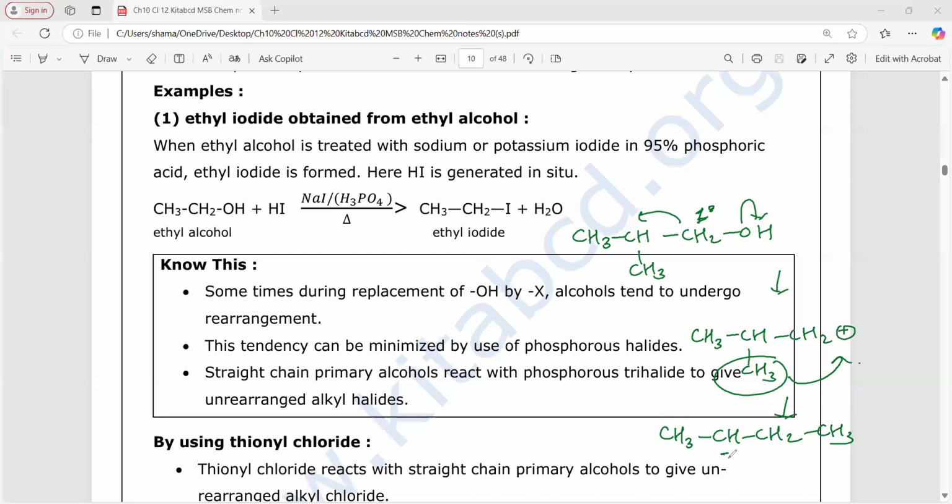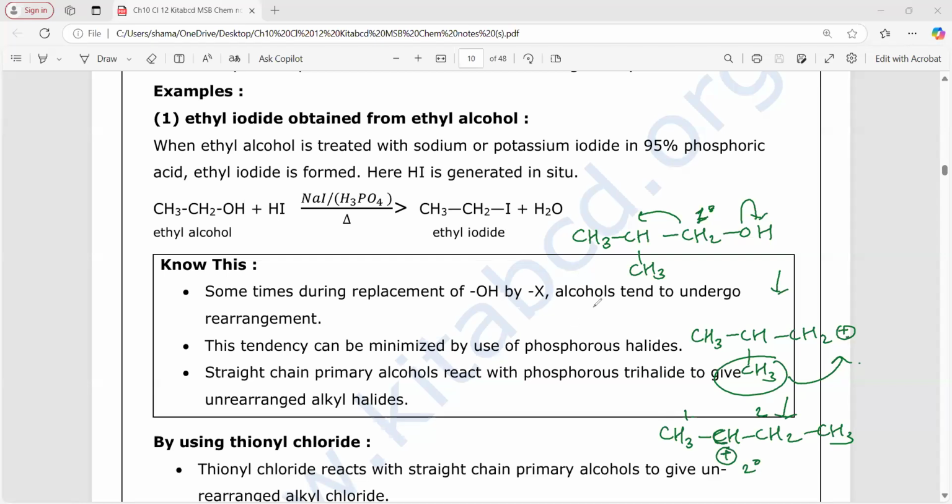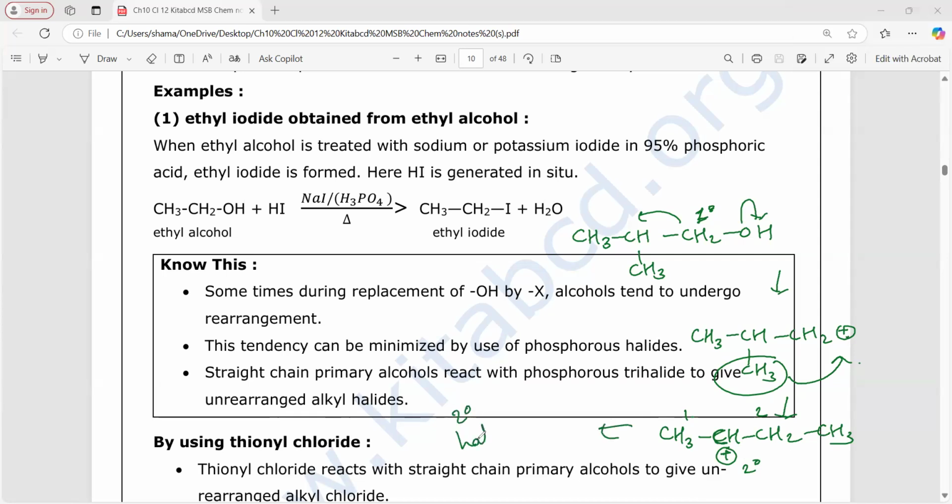So the CH3 goes up the chain. CH3 goes to the primary place, and the carbocation generated will be on carbon 1 and 2. This carbon is attached to 2 carbons, hence it will be secondary. Correct? Fine. So at the secondary carbon, when your halogen is attached, you will get a secondary halide. Right? Yes, ma'am.